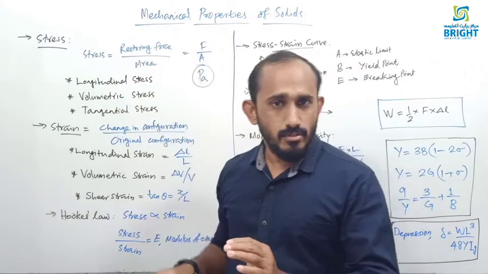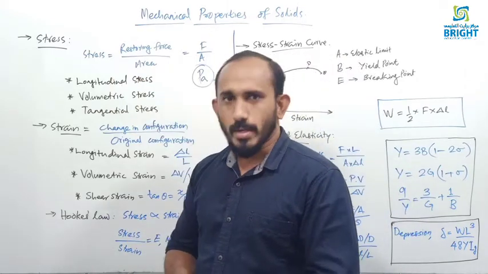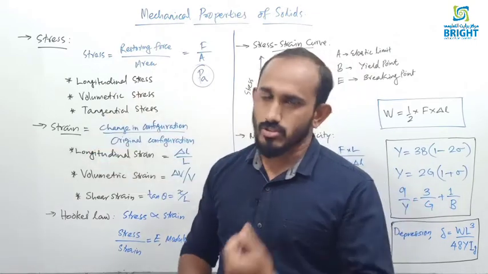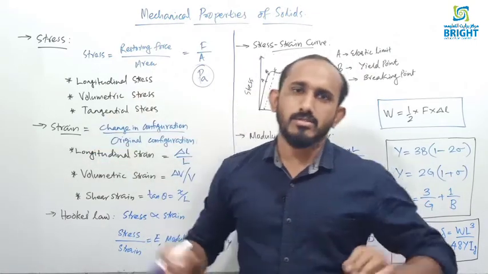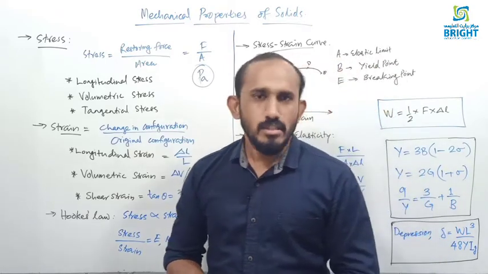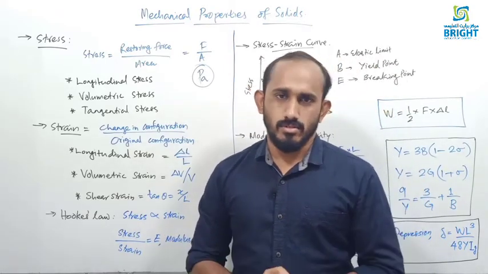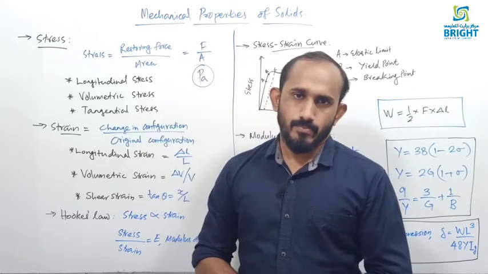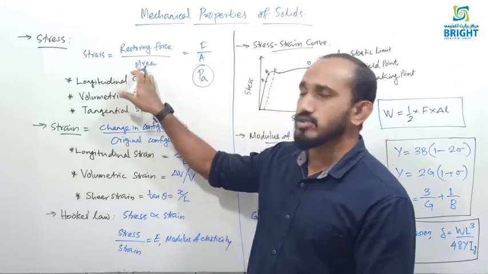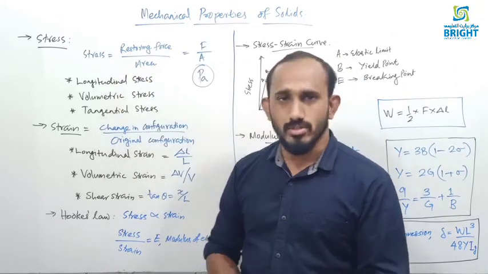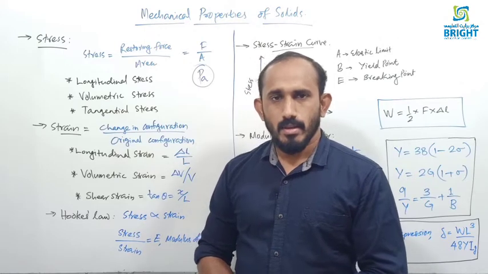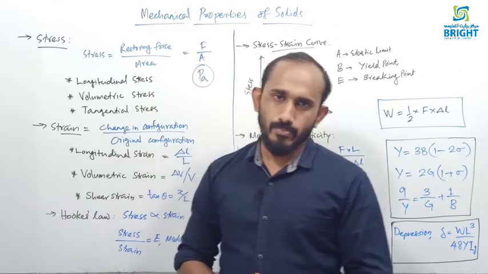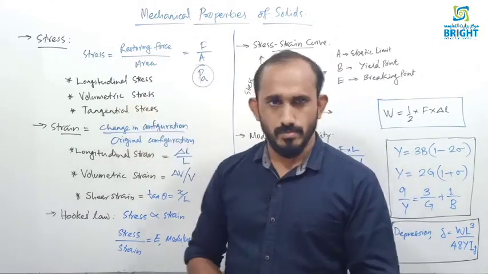We have stress for different aims, we could say. Mainly longitudinal stress, volumetric stress and tangential stress. For a linear cylindrical material, you apply a force such that its length changes, or the aim of the application of force is to change the length. Then that stress, restoring force by area, is called longitudinal stress. If you apply the force in order to change the volume of the body, then the stress is called volumetric stress.